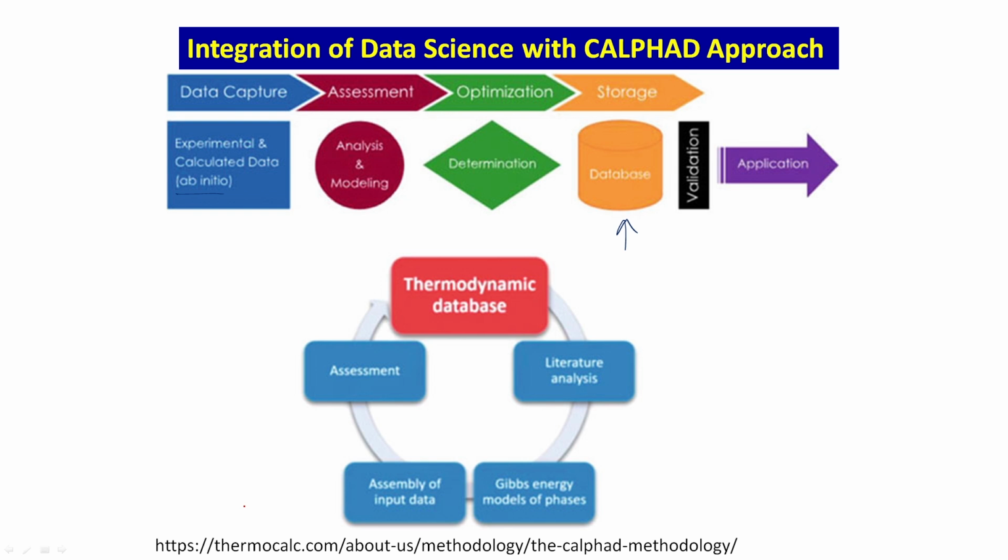So, therefore, in a thermodynamic database we will have information of the assessments, how it has been assessed, and it can also be information from the literature. It is nothing but an assembly of a lot of input data, which in turn can provide Gibbs free energy models for the different phases. That is another aspect which it can do.